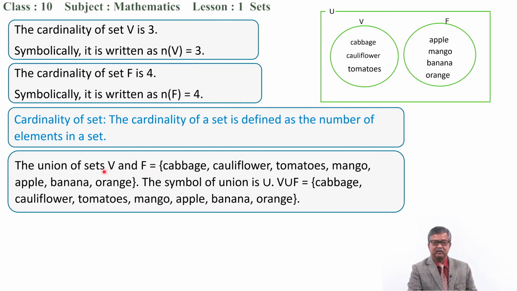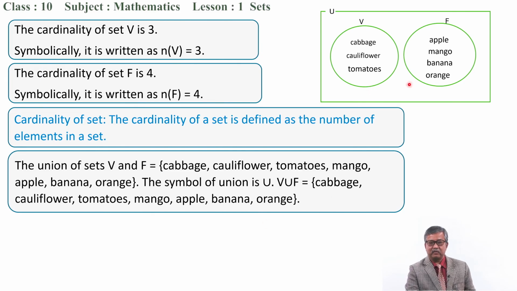So the union of set V and F is equal to {cabbage, cauliflower, tomatoes, these 3 elements in set V, mango, apple, banana, oranges, these 4 elements in set F}. The union of sets is denoted by the symbol ∪. So we can write V ∪ F = {cabbage, cauliflower, tomatoes, mango, apple, banana, oranges}.